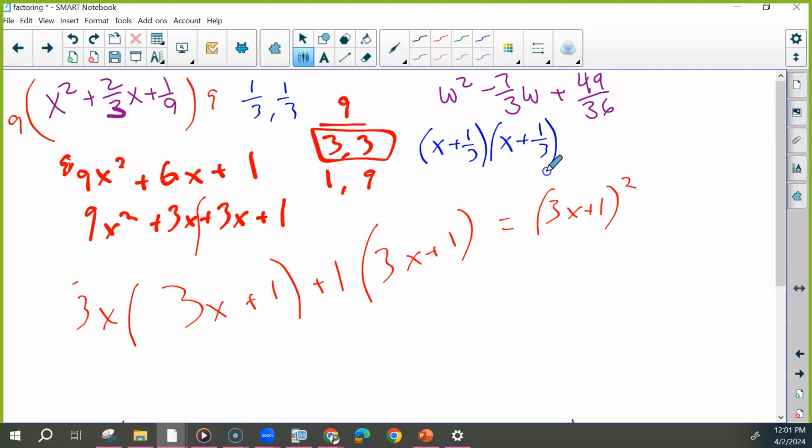And to do so, you'd have to set this equal to 0. Solve for x, so get rid of the 1/3. And then solve it back to get 0 by itself. So I could multiply both sides by 3.